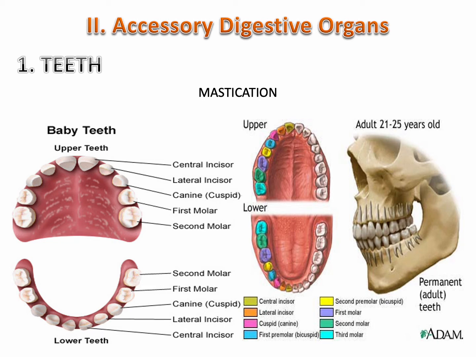Ang wisdom tooth, right and left, up and down, usually erupts by 17 to 25 years old. Meron tayong 32 complete set of permanent teeth. Pero minsan, yung wisdom tooth, it may fail to erupt. Baka merong impacted wisdom tooth, or sometimes they are completely absent also.